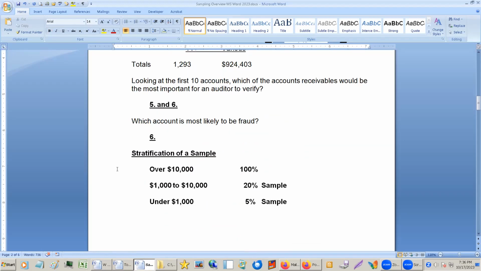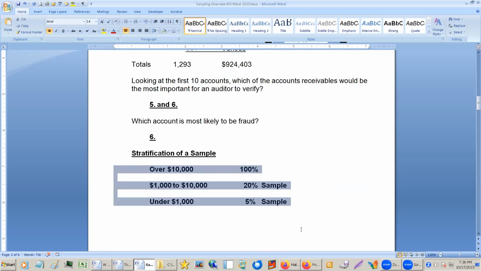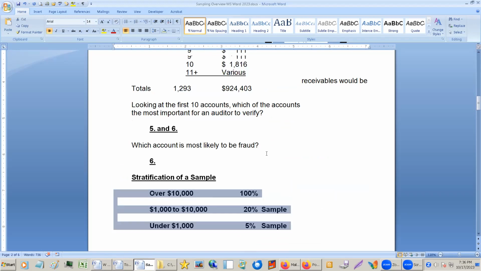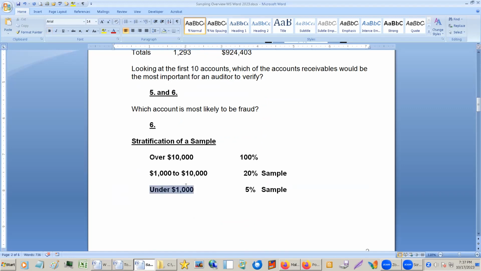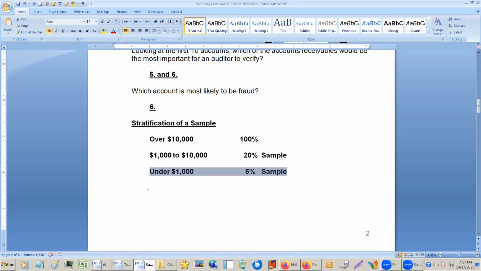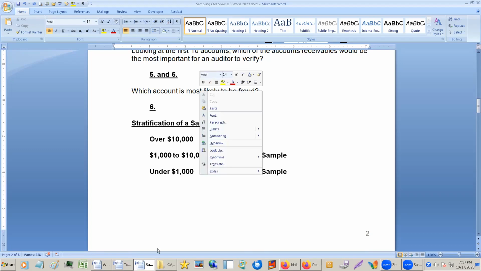Now notice that every item is still available to be picked. Even the $28 one here can be picked. It's got a 5% chance of being picked. So everything has a possibility of being picked, but the larger ones we're more interested in. Question on that?